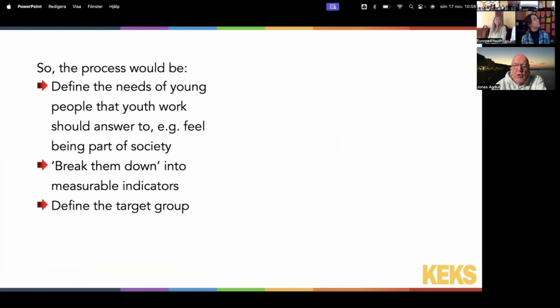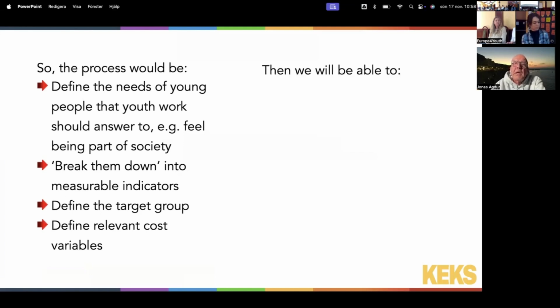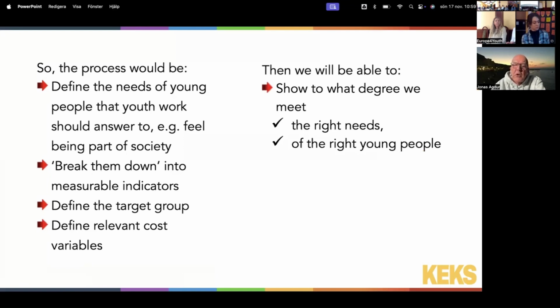Define the target group so that you can see if there are differences, and this is perhaps beyond what you should do now, define relevant cost variables so we could actually see that we invest the money in the right kind of activities. That we have done in KEX, but I don't know if it will be part of your project. Then we will be able to show to what degree we meet the right needs of the right young people at the right costs.